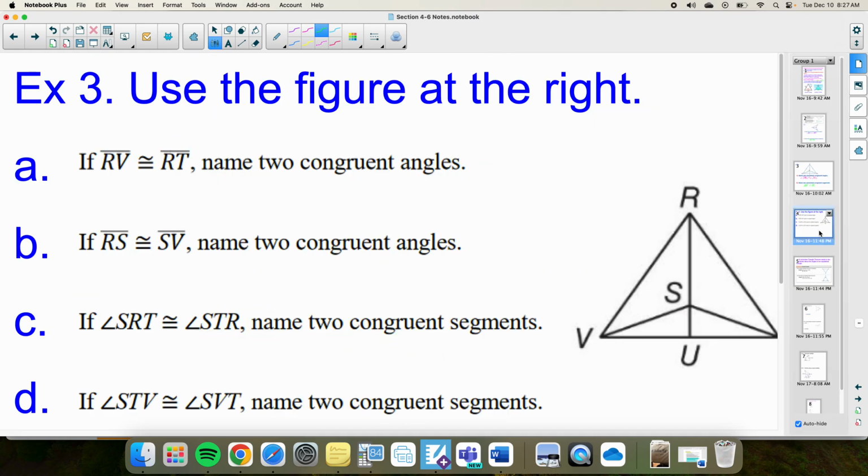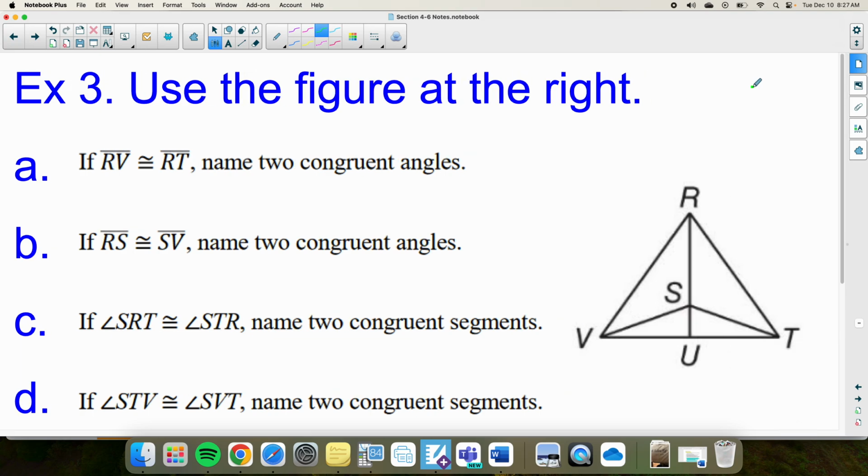Now, if I look at this one, this is kind of the same thing. It's saying, if RV is congruent to RT right here, what are two congruent angles? So this is this whole side and this whole side. So the congruent angles would be this whole angle and this whole angle. We'd be looking at the big triangle, okay?